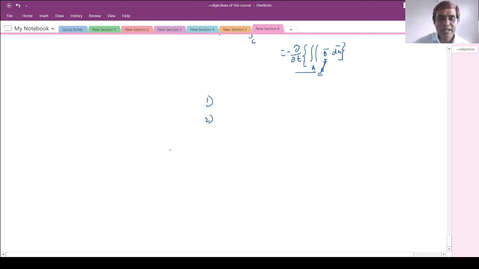So we can write the integral equation as the closed integral of E bar dot dl bar equal to minus d/dt of the double integral of the flux density B bar dot dA bar, which is the total flux, and this I can also write as the integral of dB bar by dt dot dA bar.